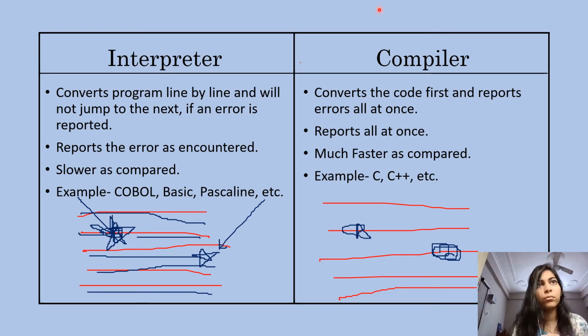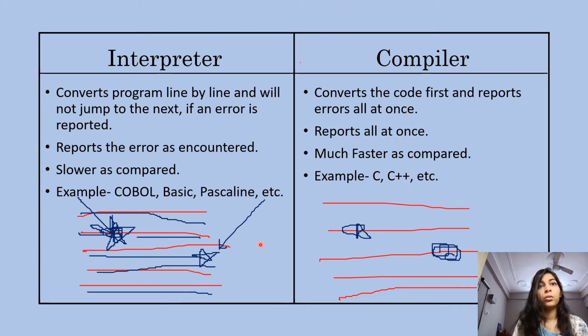For now, understand this, that this gets converted line by line, whereas compiler converts the programs at once, the whole code first, and then it shall report you all the errors at once. Right? This very much explains the second point as well. Now, think of it, which one is easier?